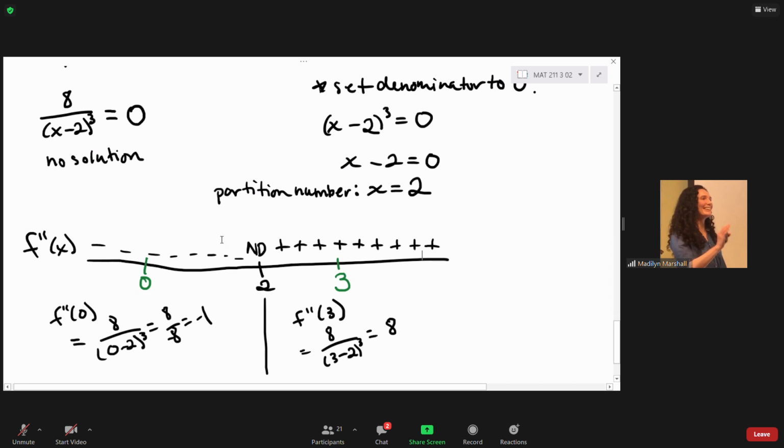So same thing as usual, make a sign chart, and we use our partition number to divide up the real number line. So we have our second derivative is negative everywhere below 2 and positive everywhere above 2.